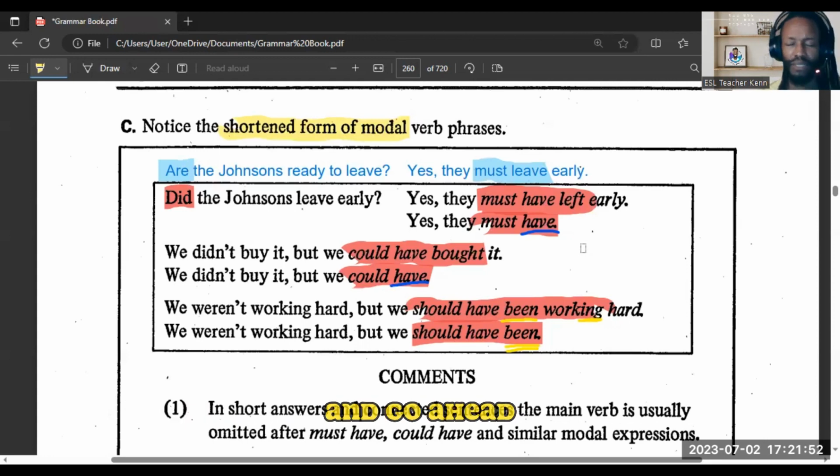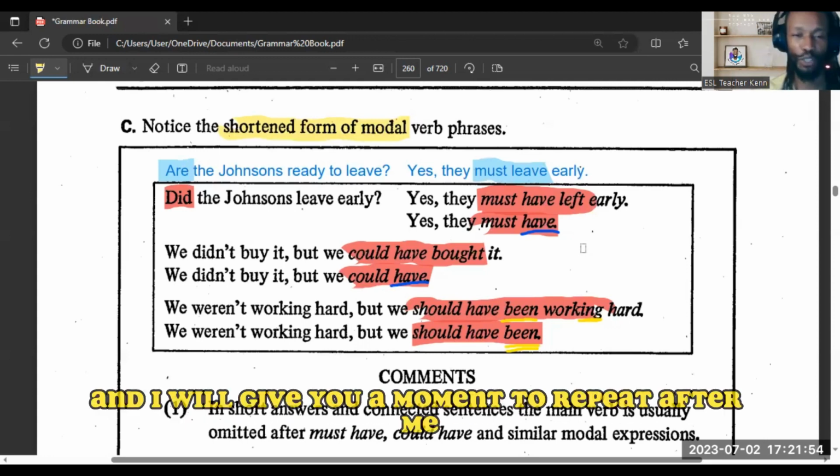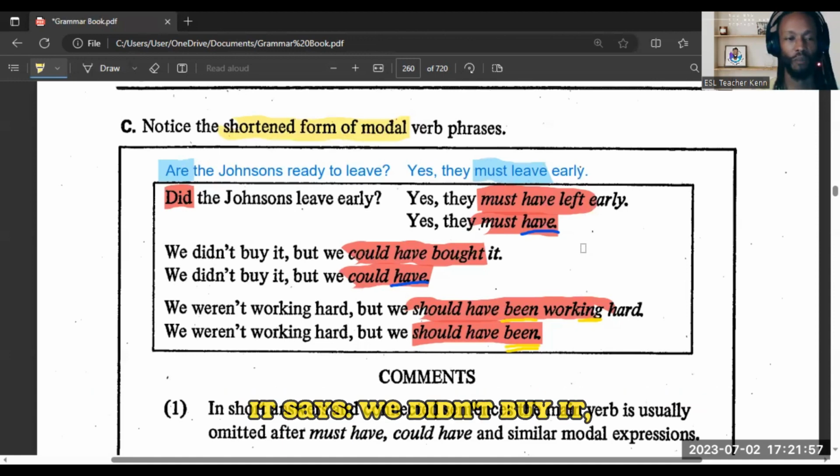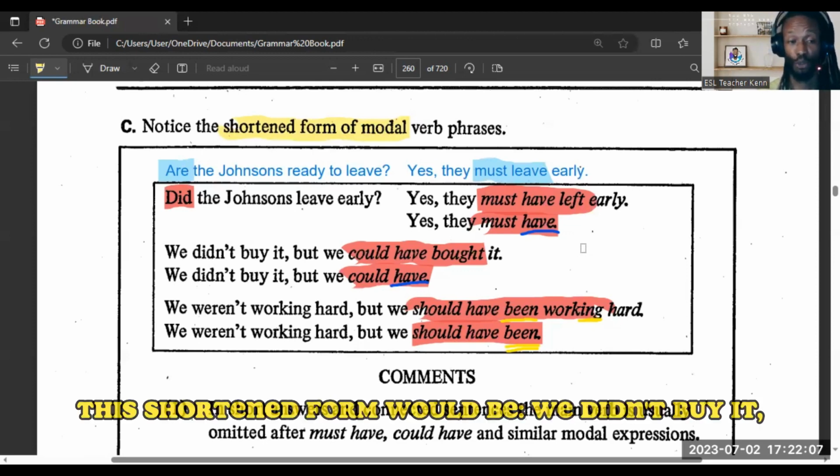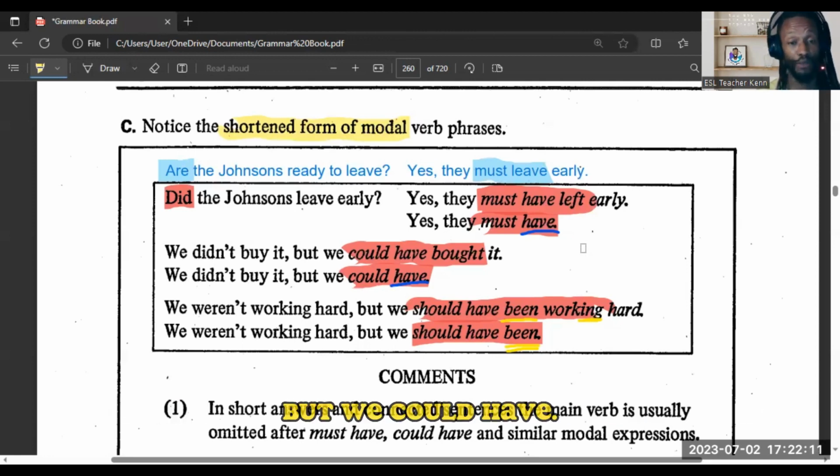It says, and go ahead and I will give you a moment to repeat after me. It says, we didn't buy it, but we could have bought it. The shortened form would be, we didn't buy it, but we could have.